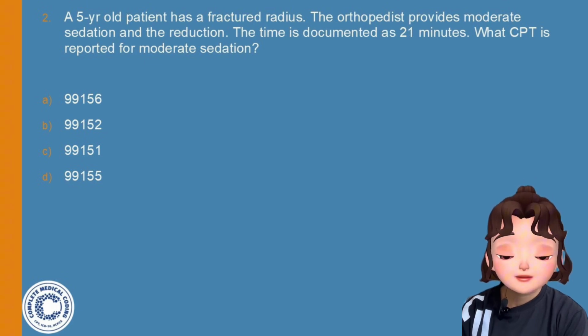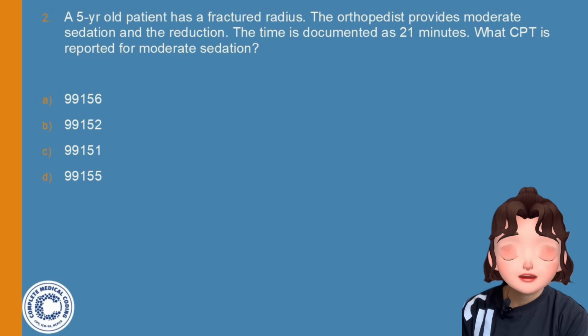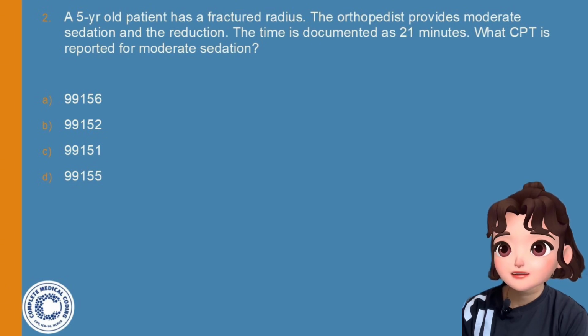Moderate sedation services provided by the same physician or other qualified healthcare professional performing the diagnostic or therapeutic service that the sedation supports, requiring the presence of an independent trained observer. No, here there is no independent trained observer to assist in the monitoring of the patient. Initial 15 minutes of intra-service time. No, that is not the correct code.